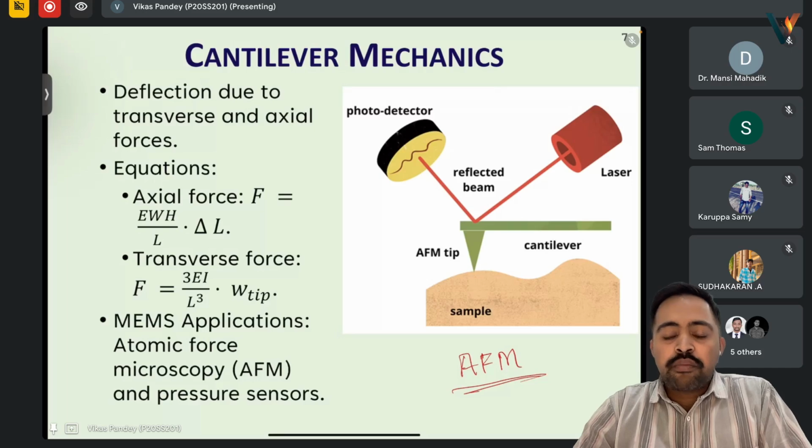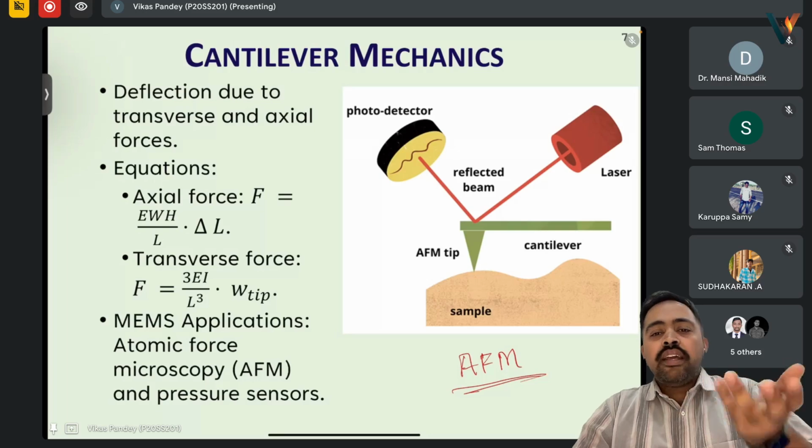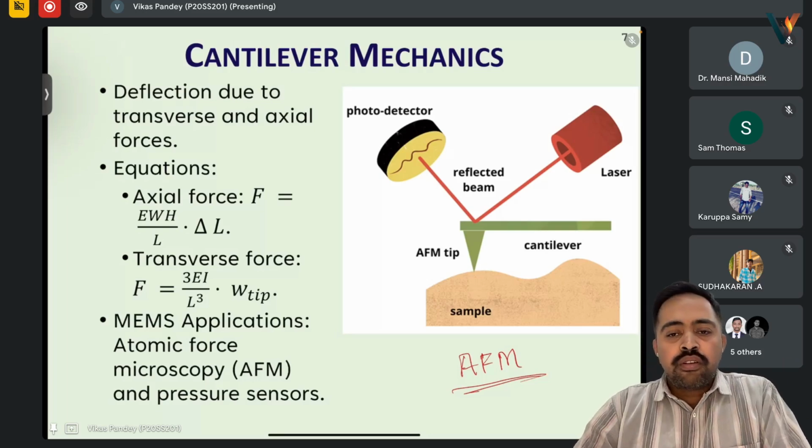No, I am asking if anyone knows about AFM. What is an AFM, or what is an AFM used for? Yes. Anyone? Anyone else? Yeah, Dr. Madik, hello, are you there?